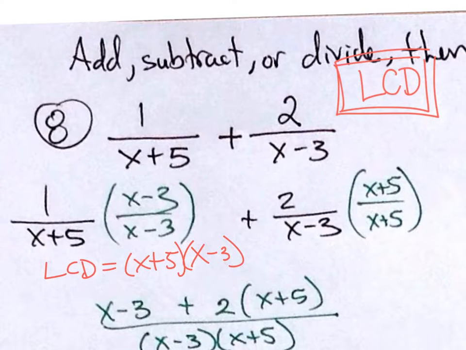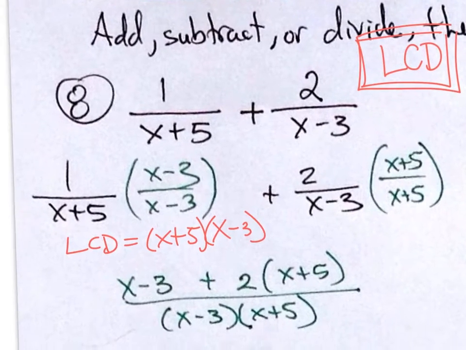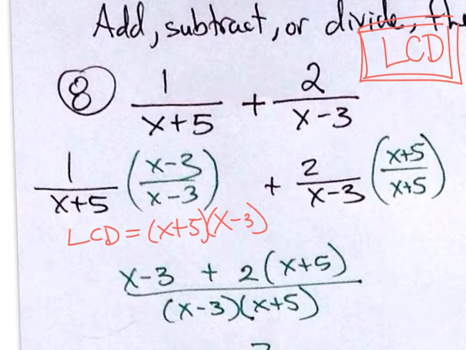So we multiply both top and bottom here by this in order to get our LCD. And then over here, multiply both top and bottom by x plus 5. Remember, this is 1. You can multiply by any form of 1. You just multiply both top and bottom by that. So we end up with 1 times x minus 3, and then plus 2 times x plus 5, all over our common denominator. Voila!